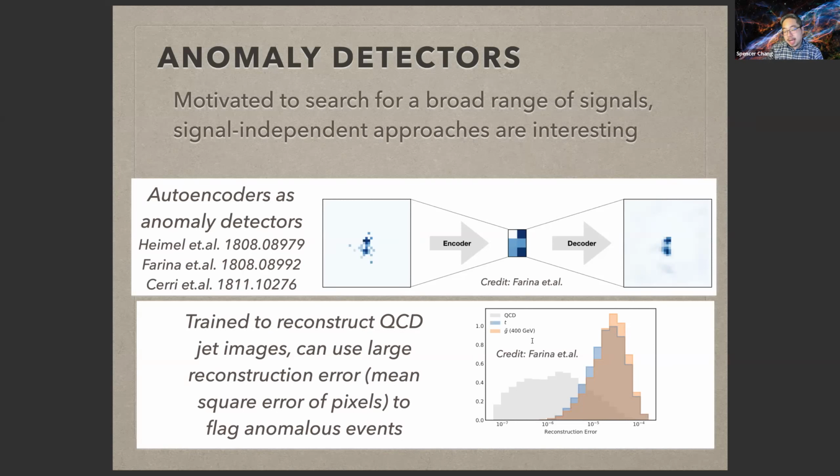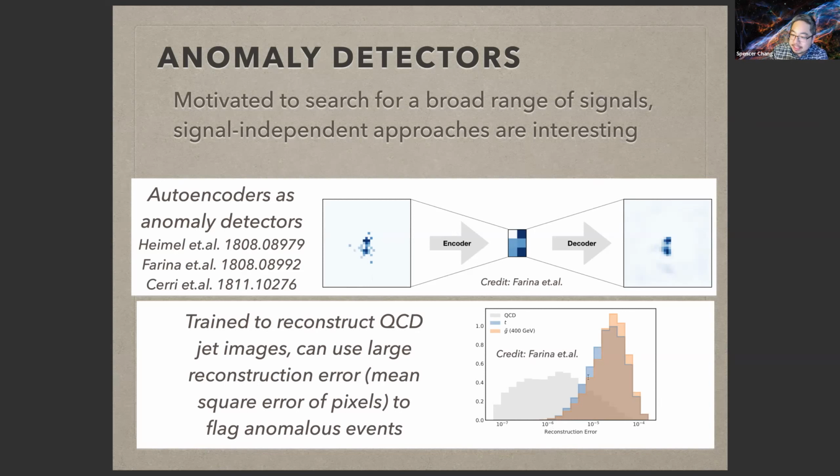Now, if I give it a top jet that has three partons in it, or here another example of a gluino that I think decayed through R-parity violation, so it has essentially three partons in it as well, you see that their reconstruction error is much higher if you put it through the same thing. The key thing about this being model independent is that you only trained on background events, but you can apply it to new physics events it hasn't seen.